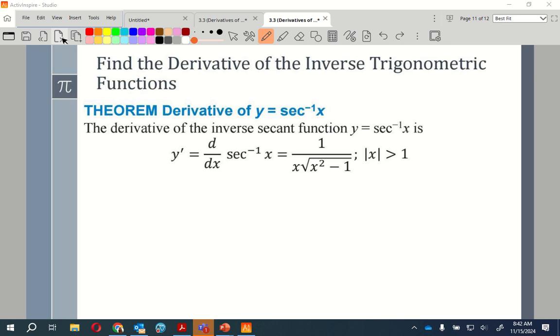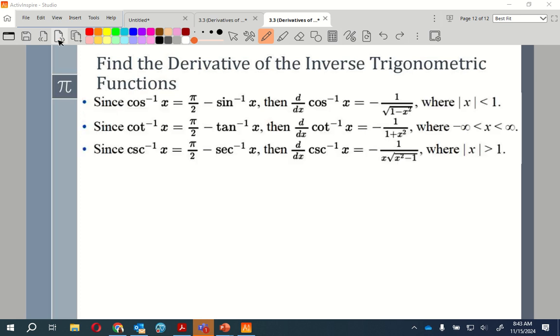When we square whatever the x is, it's going to be positive anyway, but it still has to be greater than 1 because we can't have a 0 down there in the denominator. And then here's all of them here.